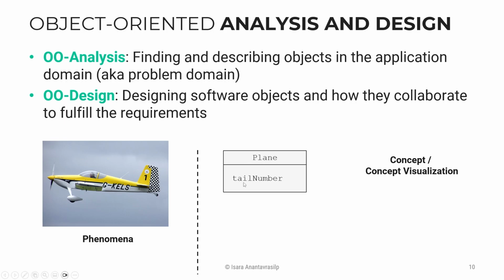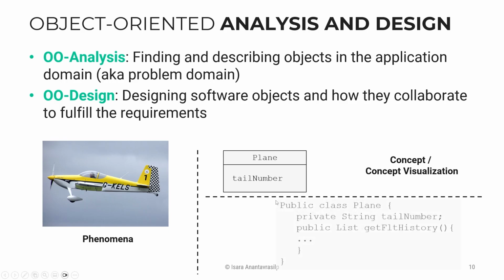And we have the attribute tail number. This is your concept. A plane has a tail number. A tail number is a number dedicated to this plane only. The first character indicates the country this plane comes from, and the rest is just the license, the identifier of this plane. Now you have a plane and a tail number.